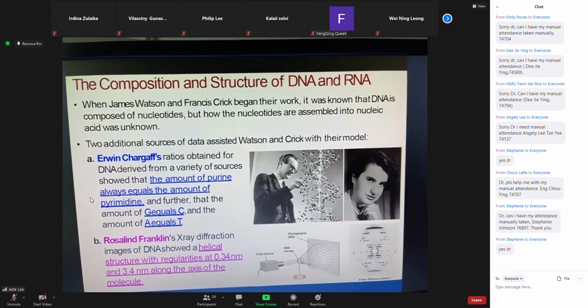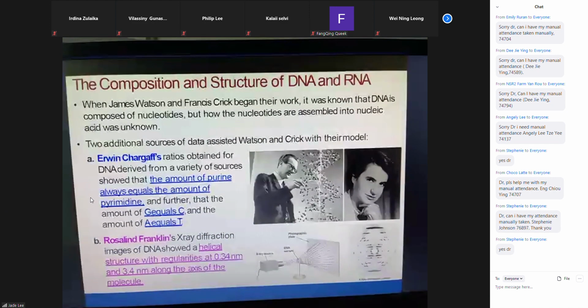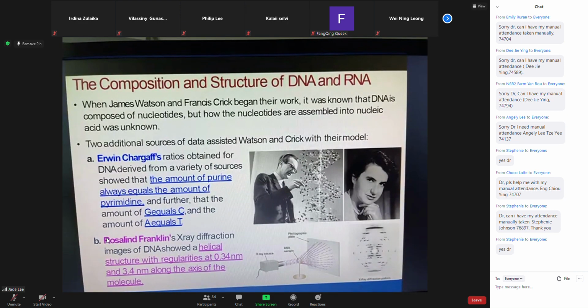The first one is Erwin Chargaff's ratio, where DNA derived from a variety of sources showed that the amount of purine always equals the amount of pyrimidine, and further, the amount of G equals C and the amount of A equals T. This is why A is attached to T, and G is always linked with C.